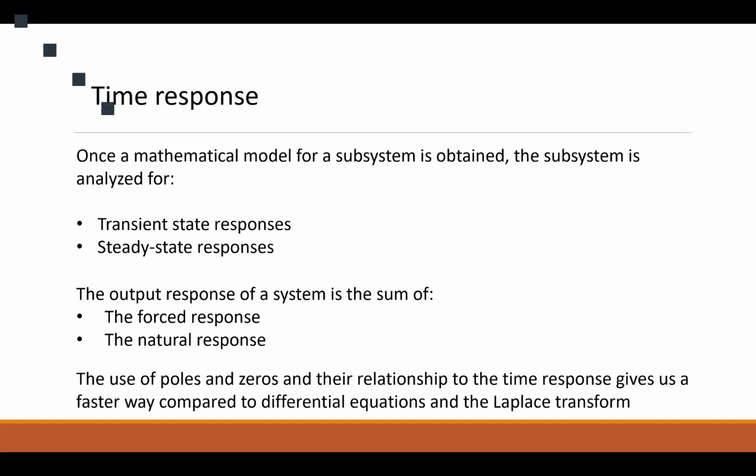Now, so far we talked about the transfer function. We are going to focus a little bit more on the transfer function than the state space when we talk about this time response.